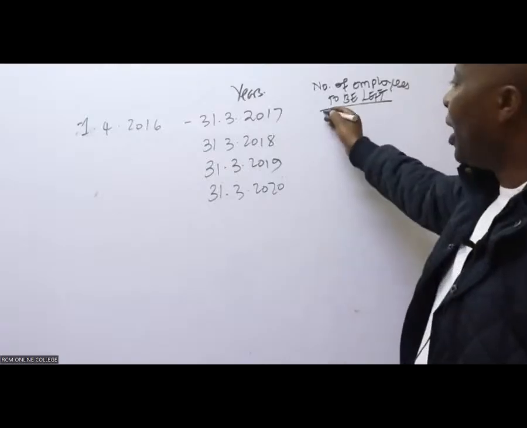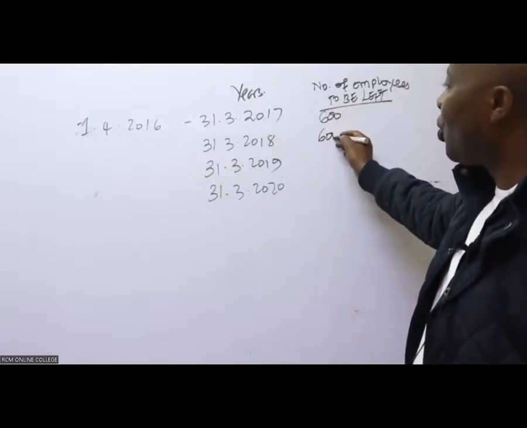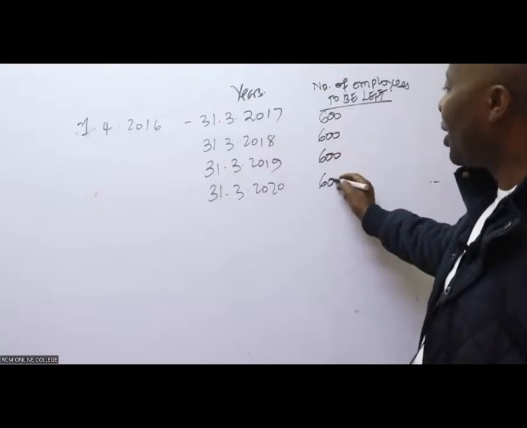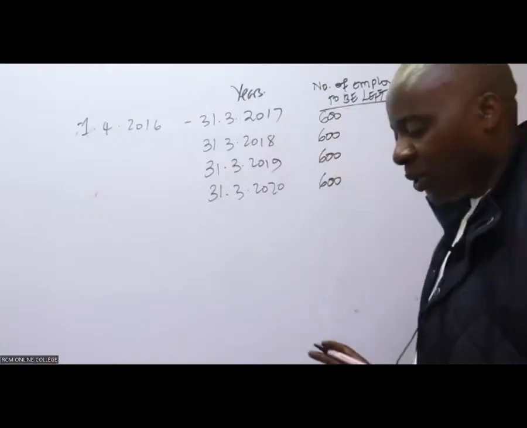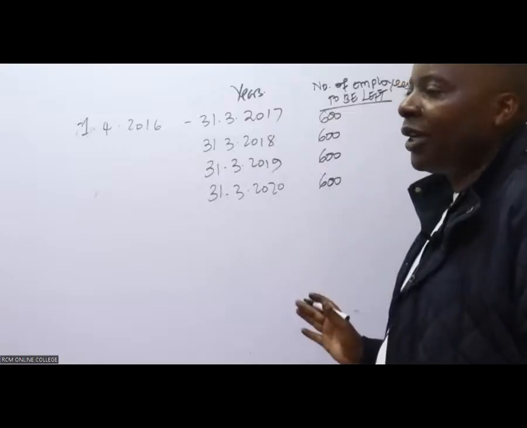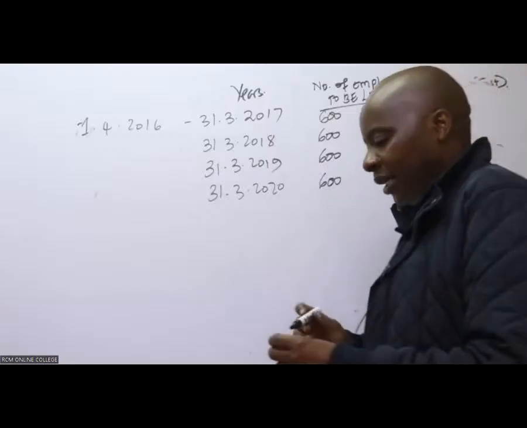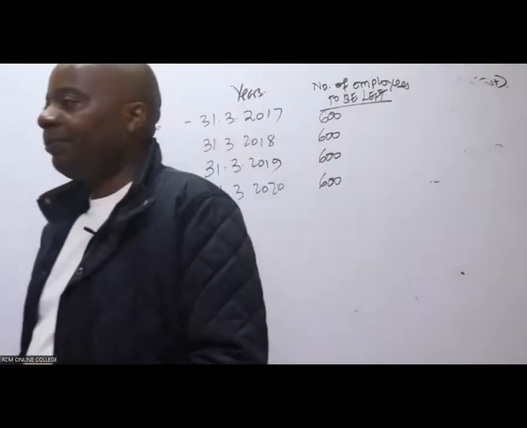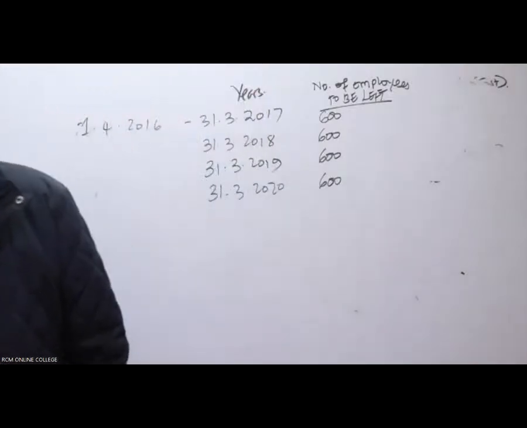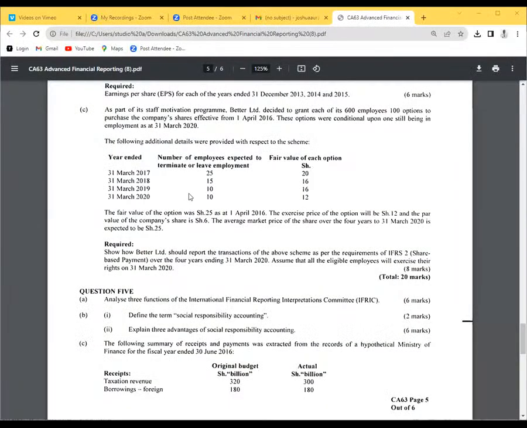Remember, we began with how many guys? 600. So it's good to have the number of guys you begin with, 600, being retained throughout, and then you simply knock off the guys who will be leaving the company. So then we are told the number of employees expected to terminate or leave employment.